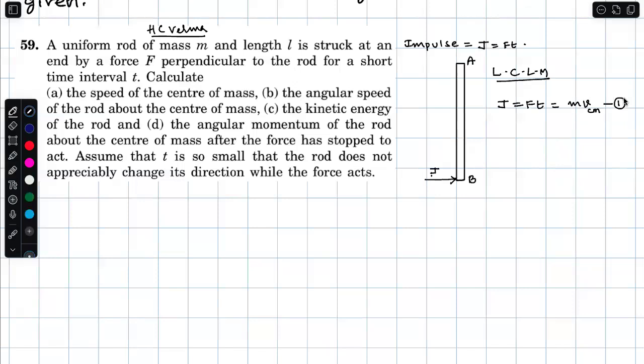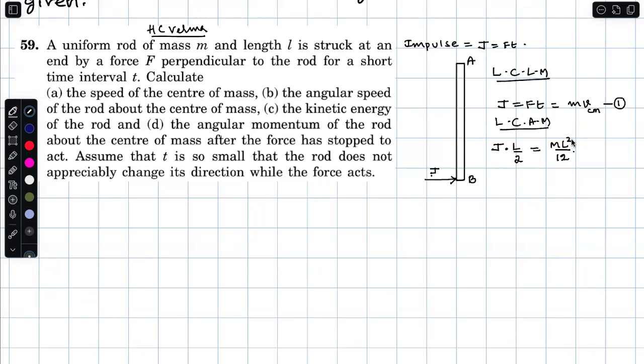Clear? Now, one more important point is the law of conservation of angular momentum step. This is called angular impulse. J into L by 2 is equal to I omega, with I as M L square by 12, because you are applying impulse at a point just below the center of mass.